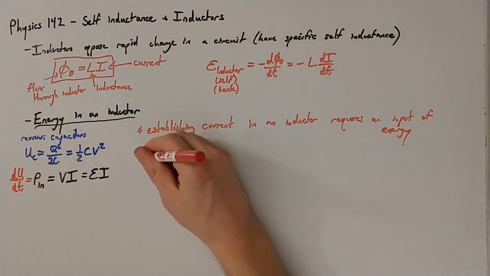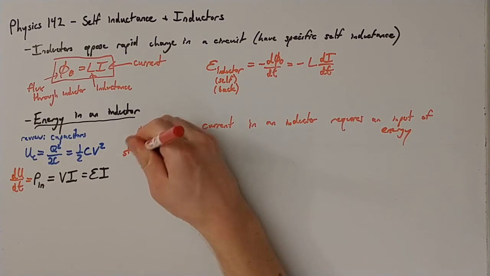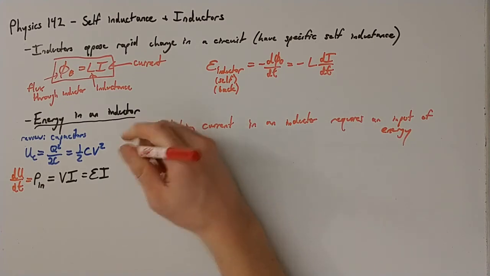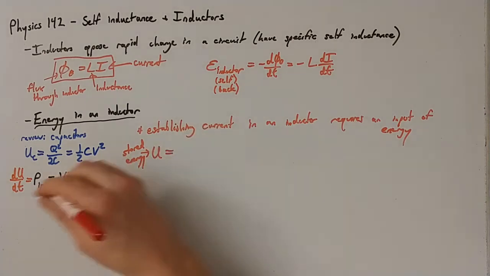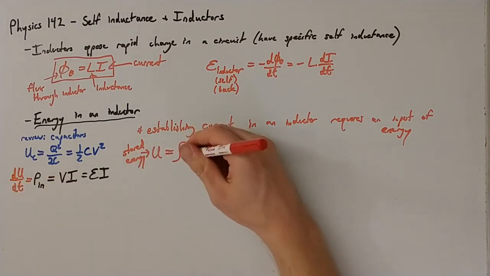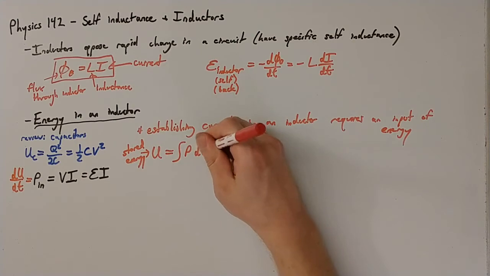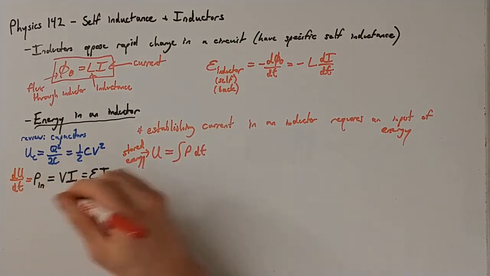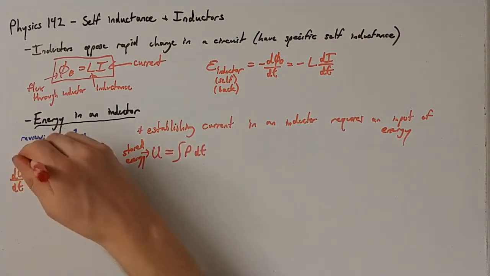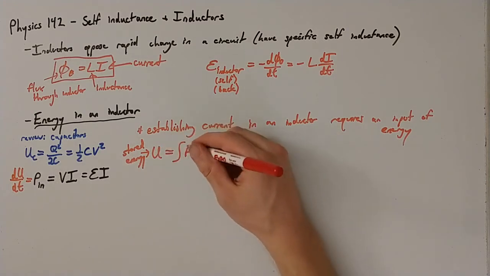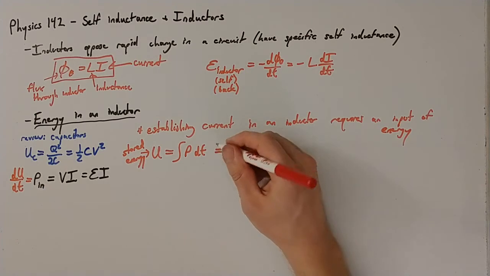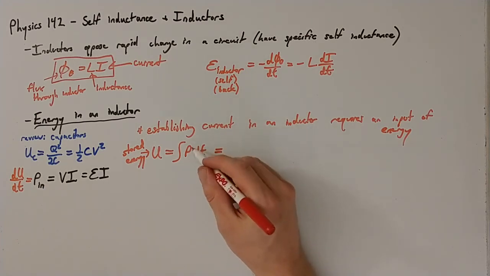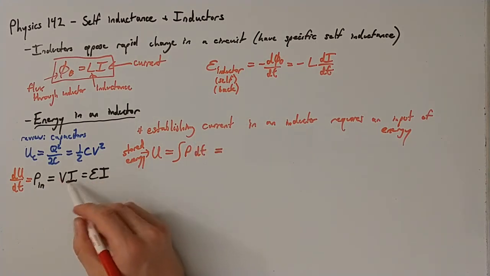So U is the stored energy, and power is dU/dt. If I wanted to calculate U, I would multiply by dt and integrate all the dU's, and I would get that U is the integral of power times dt. But we know that power is V times I.